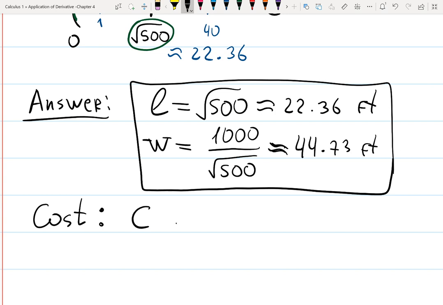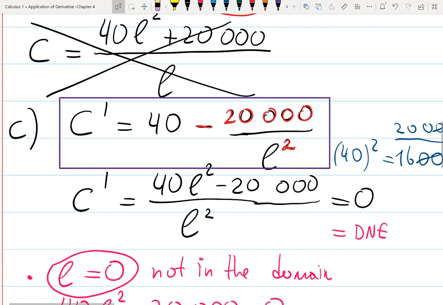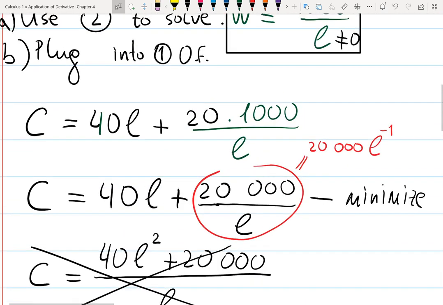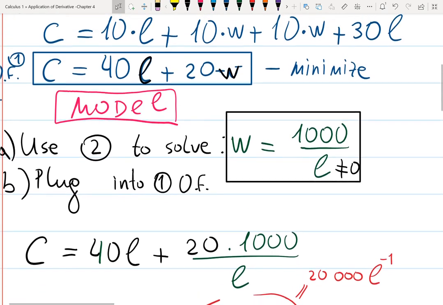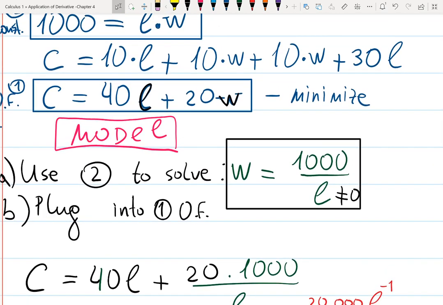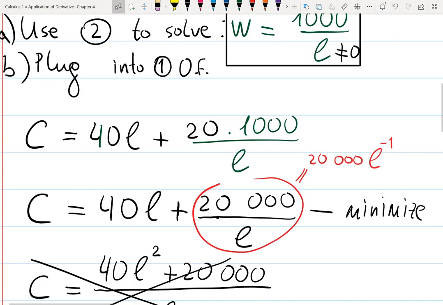Then I want to calculate C. C was 40L plus 20W, if you remember that. You can also use this equation over here, 40L plus 20,000 over L, or the original one, 40L plus 20W.